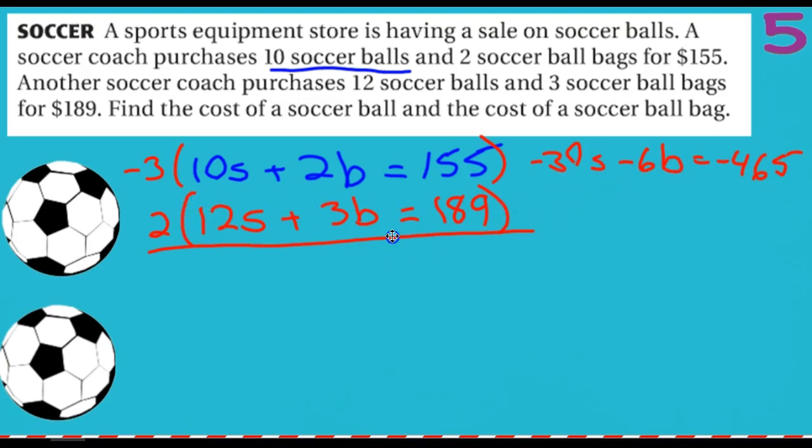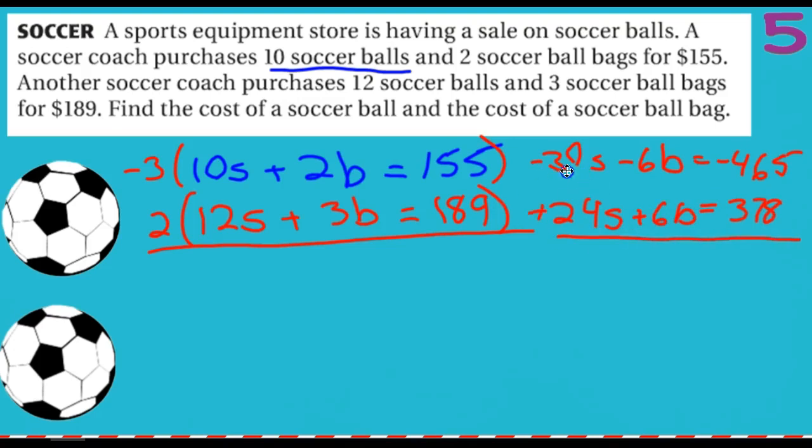Now the bottom side, 2 times 12S is going to give 24S. 2 times 3 is going to give a positive 6B. And 189 times 2 gives a 378.